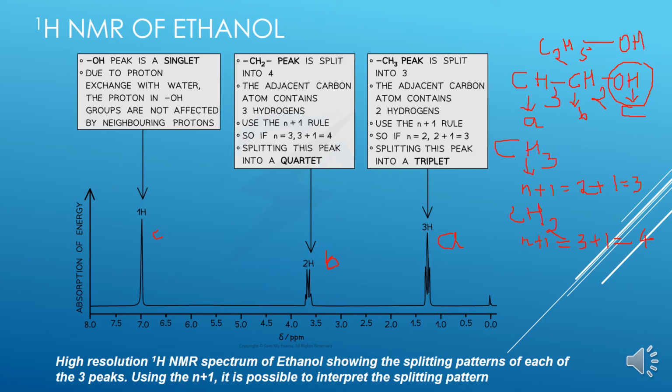So this is the high resolution proton NMR spectrum of ethanol showing the splitting pattern of each of the three peaks. Using the n plus 1 rule, it is possible to interpret the splitting pattern.